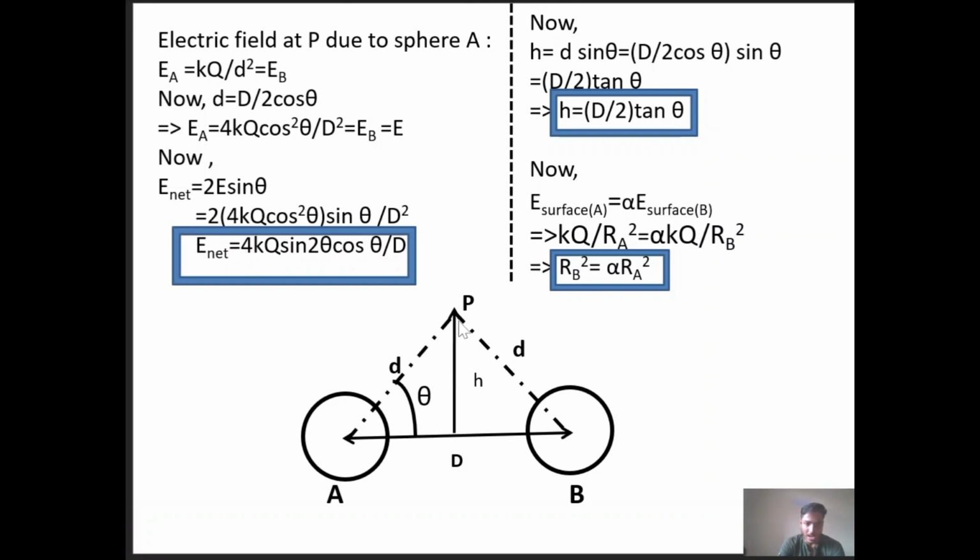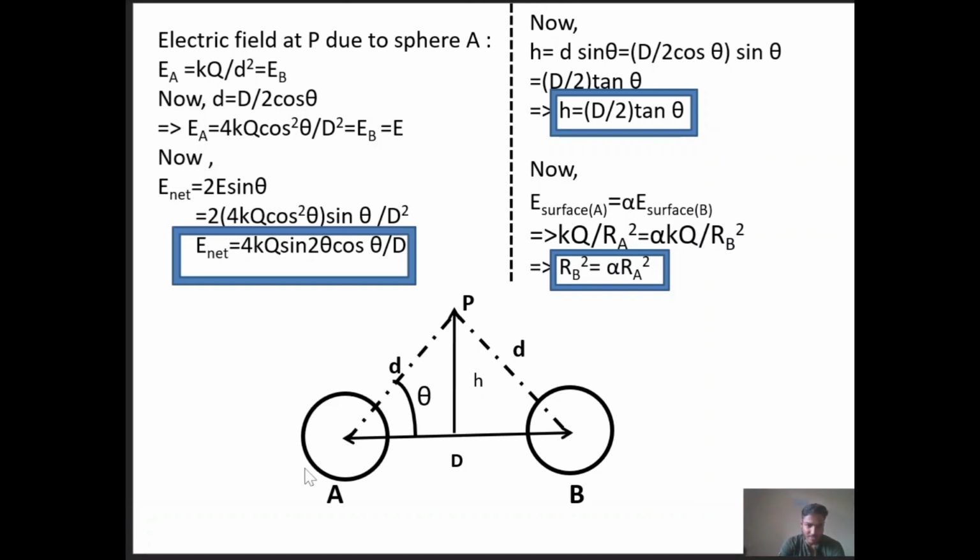Now for the height of this point P from the midpoint of this line, we can write height h is equal to small d into sin theta, which is equal to D by 2 cos theta into sin theta. Then we can write h is equal to D by 2 tan theta. This is the height of the point P from the midpoint of the line joining the two centers.